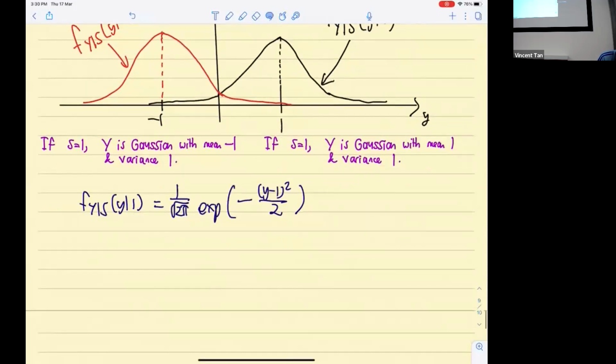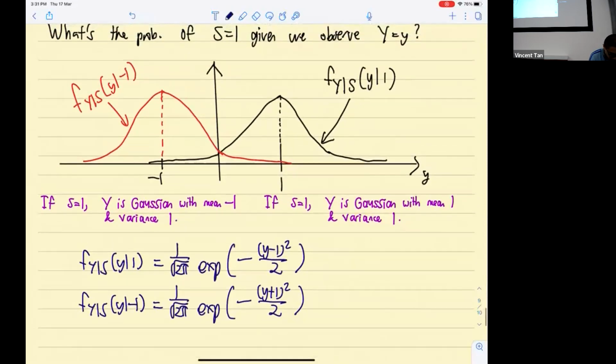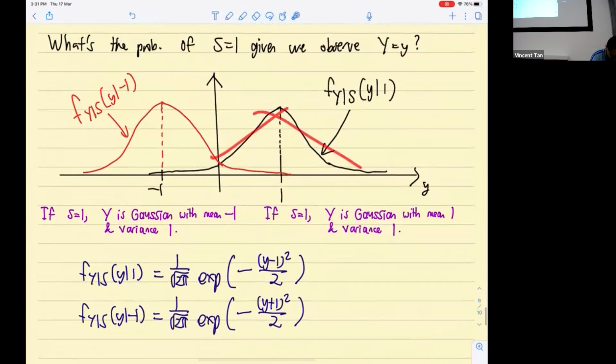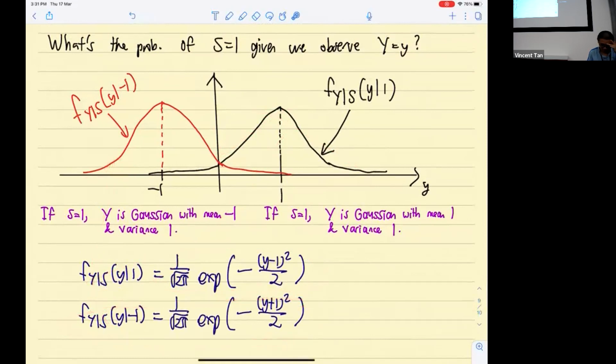And if s is equal to minus 1, this is plus. That's all. So these two are the equations of these curves here, and this one corresponds to the red curve. Is that clear? Okay, I see some nods. I've done this sort of thing before, maybe about 1 or 2 weeks ago.